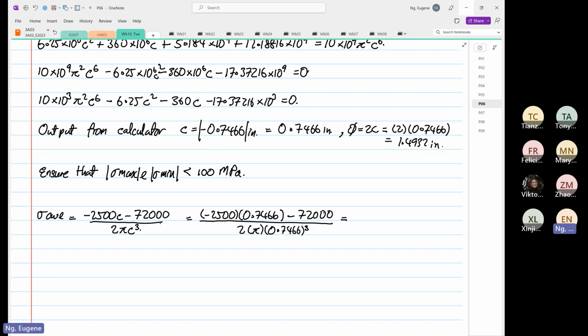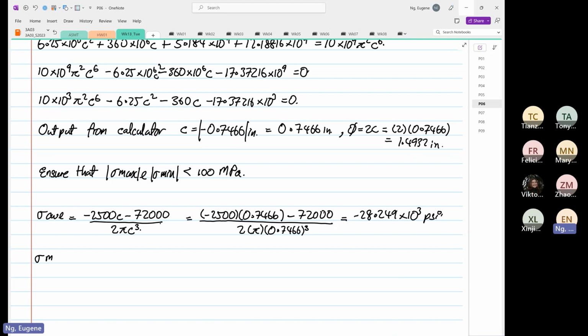So this will be equal to minus 28.249. So we know that this is minus 28.249 times 10 to the power 3 psi.